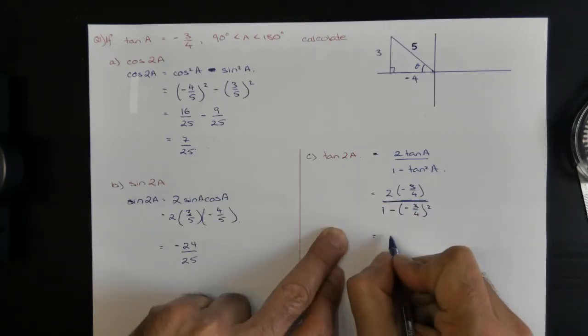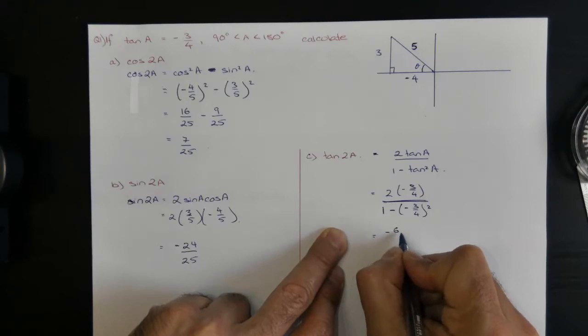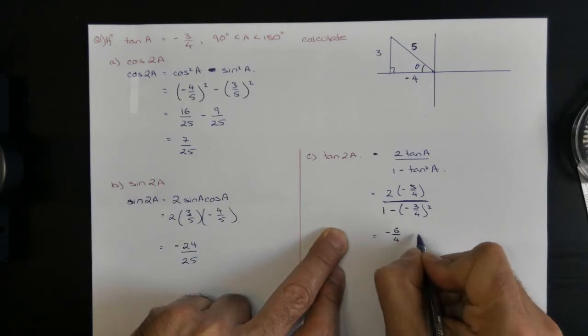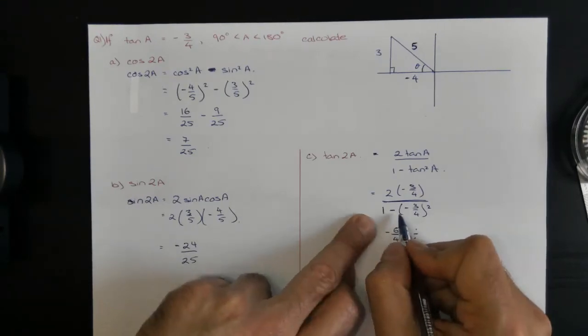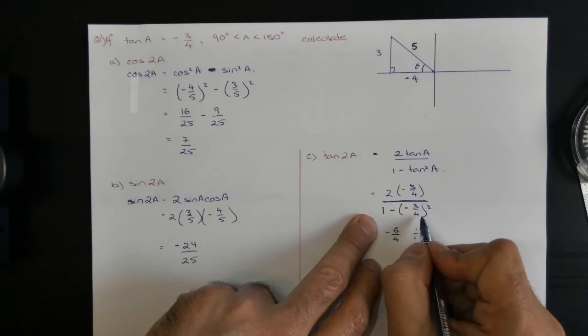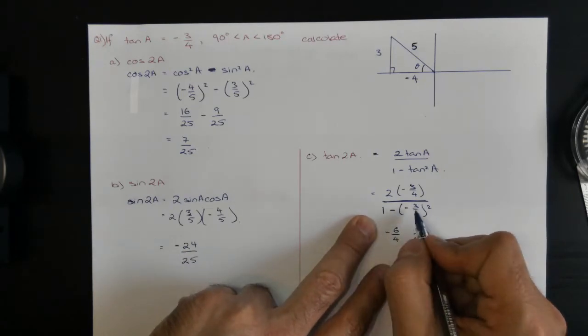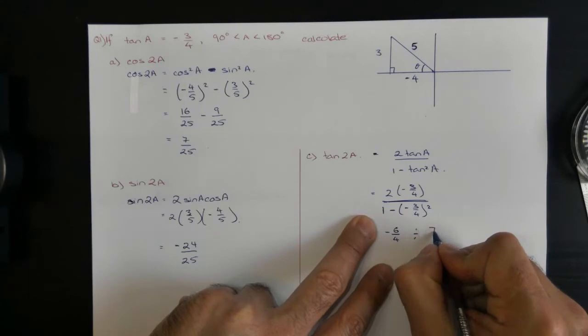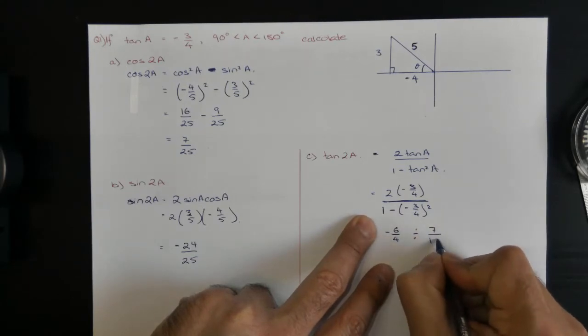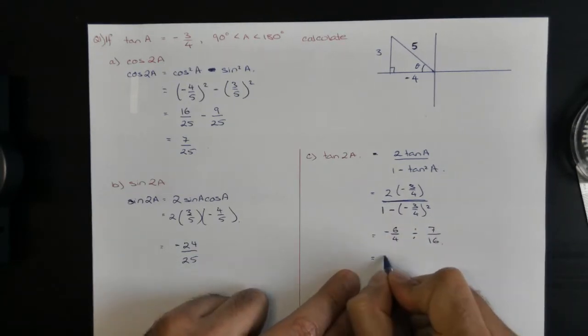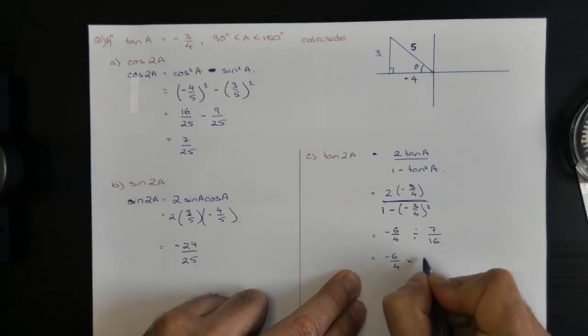So that's going to be negative 6 over 4 divided by, that's 9 over 16, 1 minus 9 over 16 is 7 over 16. Keep, flip, change.